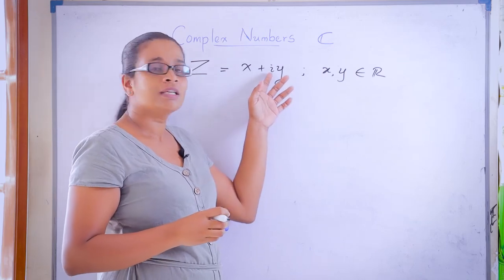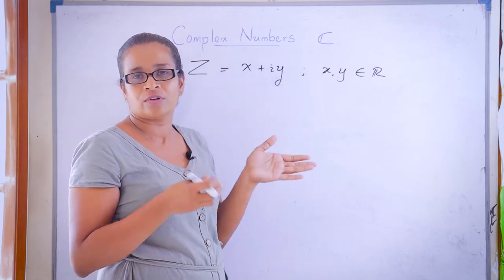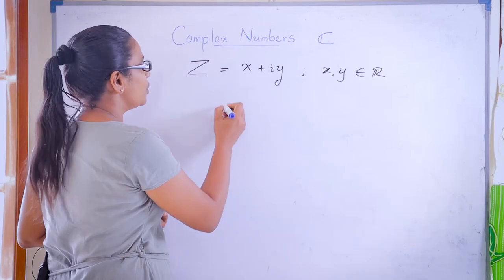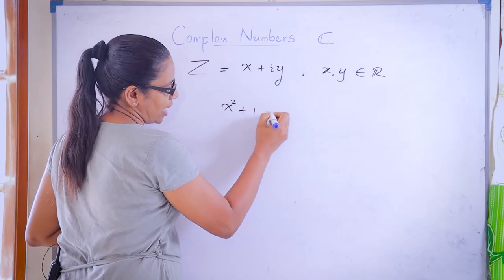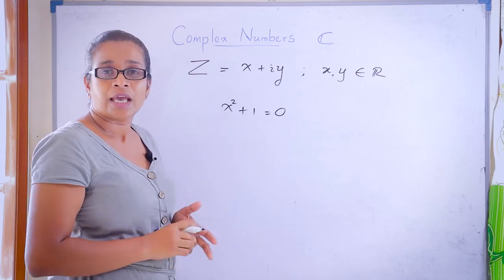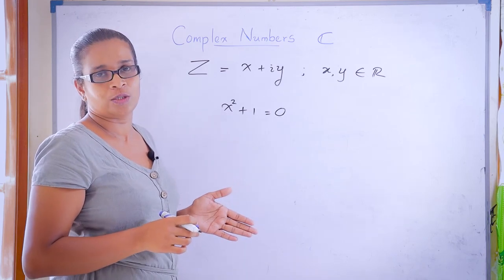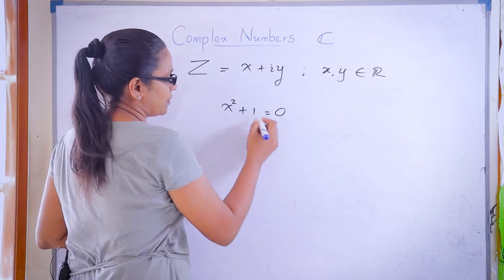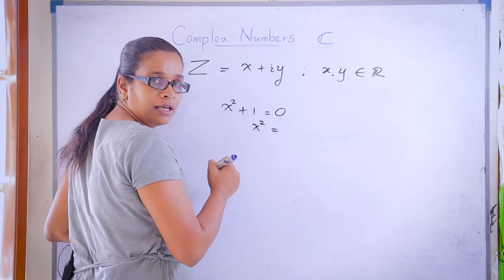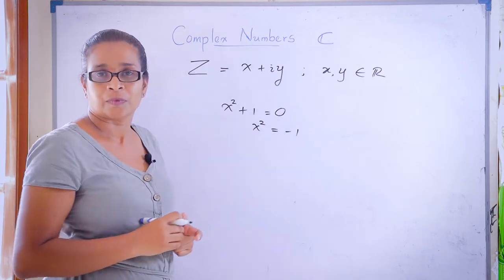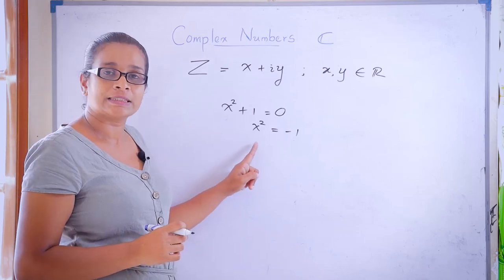So what about this i? Let's talk about how to find the value of i. If you think about an equation like x squared plus 1 equals 0, when I solve this, x squared equals minus 1. Then what about x?